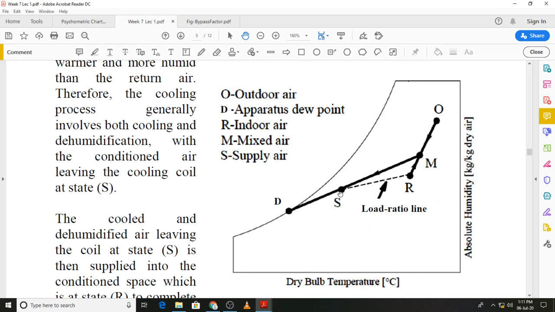Now the air at state S is supplied to the room, where it will gain both latent and sensible heat, resulting in an increase in the dry bulb temperature as well as the humidity ratio, and the air is supplied such that it balances the cooling load for the space.